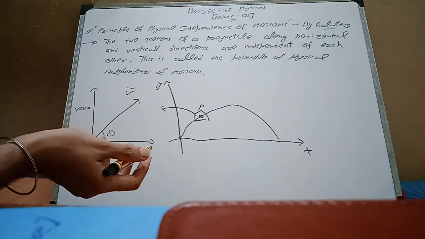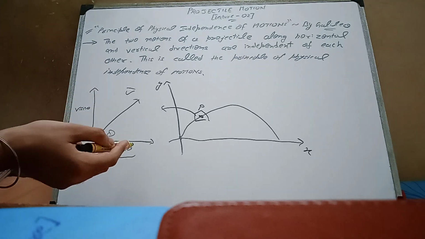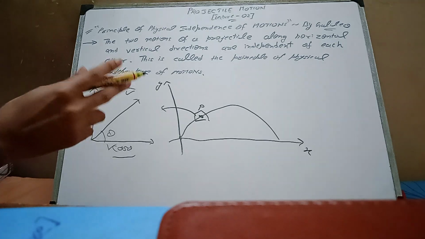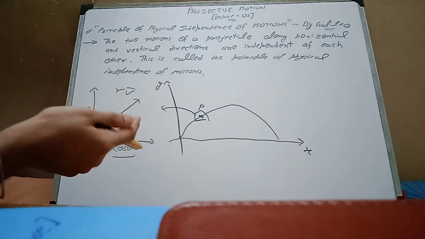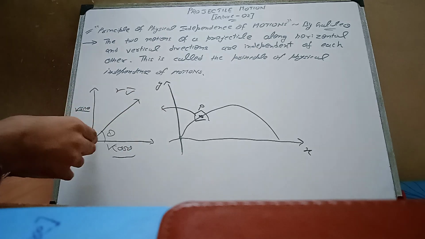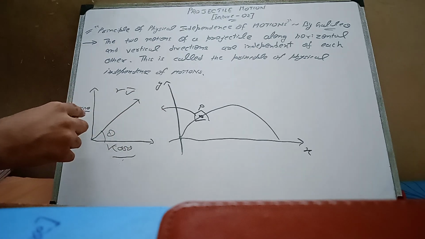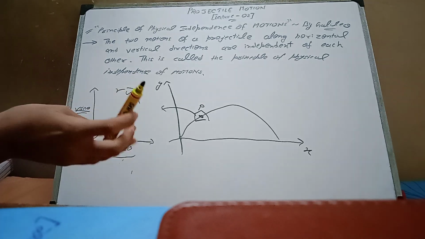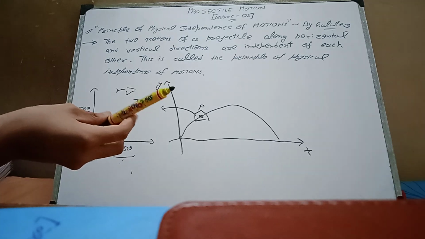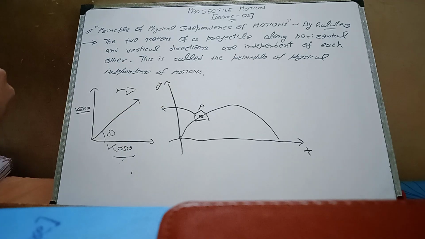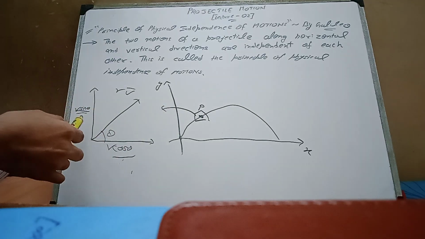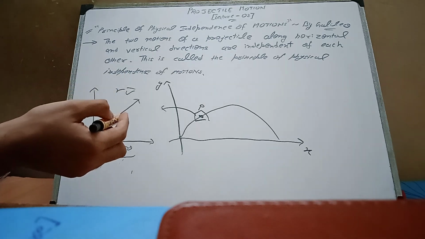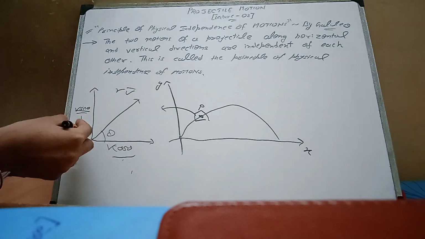So this statement means that the v cos theta component and the v sin theta component of the v vector are independent of each other. That is, neither does v cos theta affect v sin theta nor does v sin theta affect v cos theta. These two are independent. How can we conclude that? We conclude that because we know that v sin theta, the vertical component, changes. The vertical component has an acceleration downwards, that is g, right?